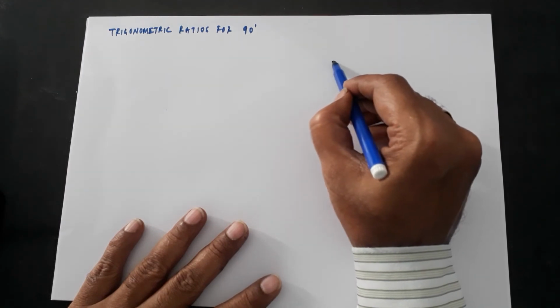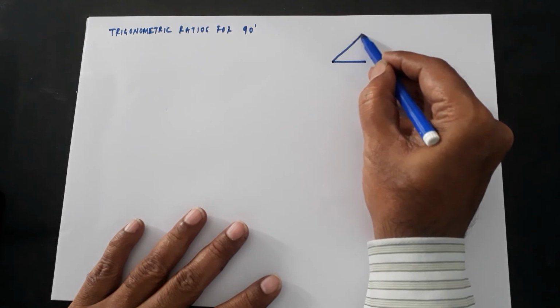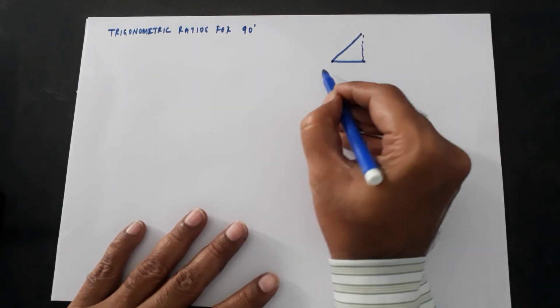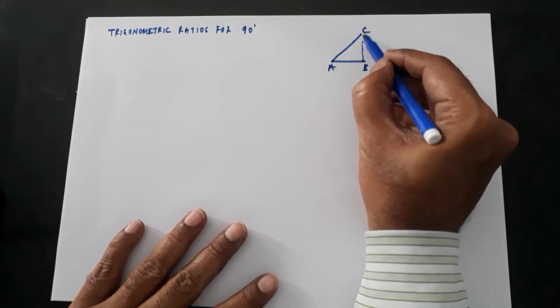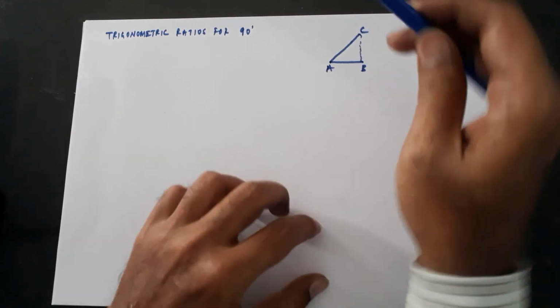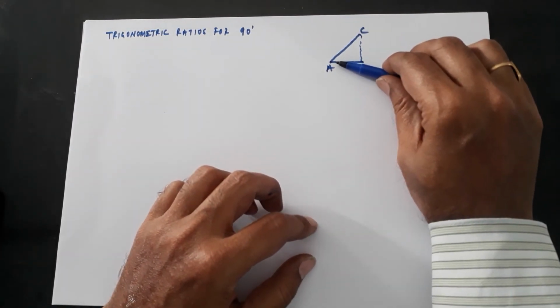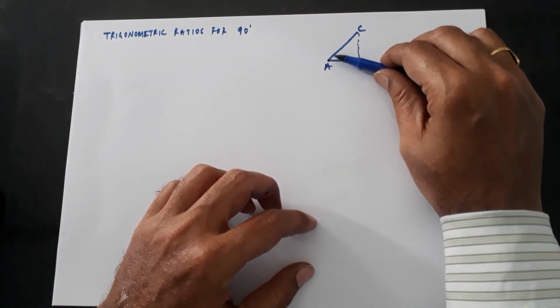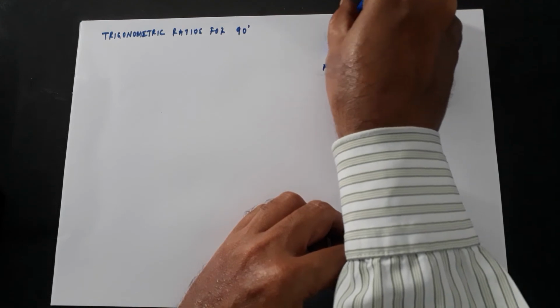So if we take a triangle ABC, what should happen? In the previous one, we brought this one down so that this angle becomes 0. But now this should become 90 degrees.